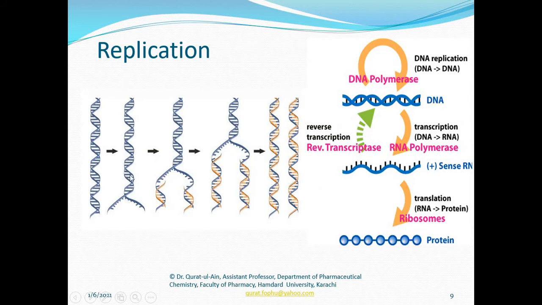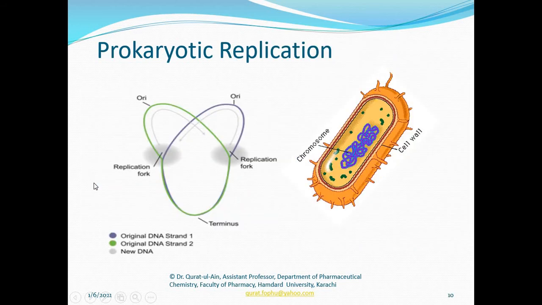A molecule of DNA has two single strands of DNA that are twisted on each other. So in the case of E. coli, this E. coli has one molecule of DNA that consists of two single strands that are twisted on each other.